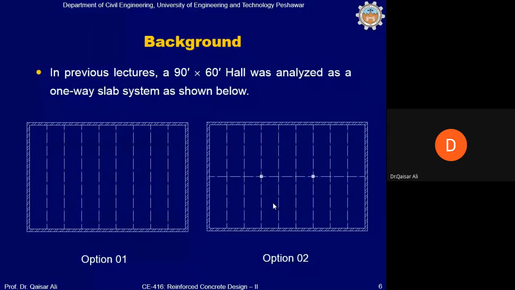Okay, first of all, let's see the background of this analysis and design of flat plates and flat slabs. We have seen in the previous lecture that a 90 by 60 feet hall was analyzed as a one-way slab system using several options. And these two options were primarily discussed in the lectures before the midterm.